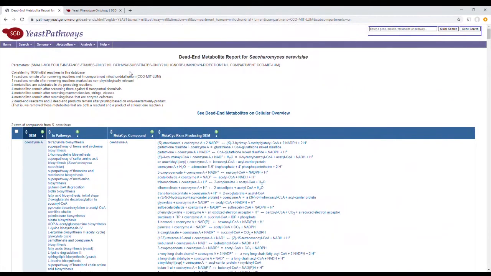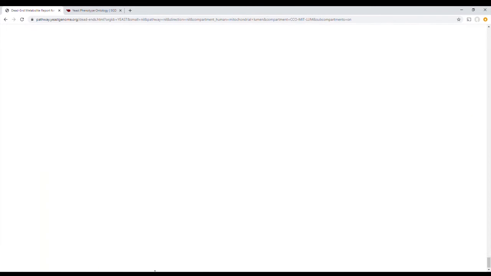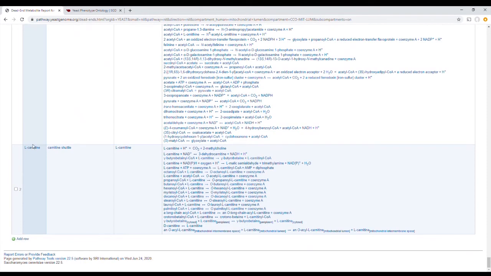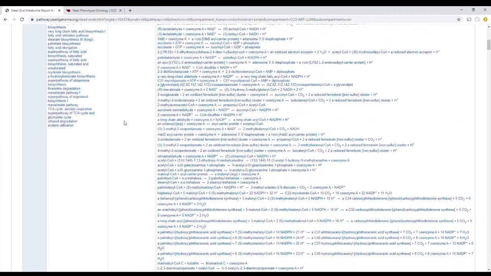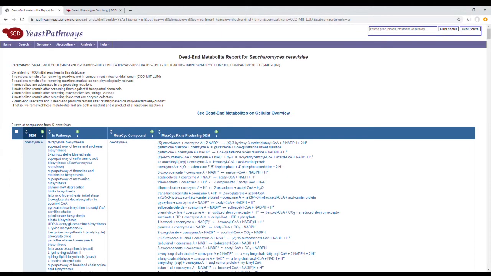If you've taken metabolism, you know that coenzyme A is involved in the transport of 2 of the 3 carbons from pyruvate into the mitochondria for subsequent oxidation, and carnitine is involved in the carnitine palmitoyltransferase system for fatty acid breakdown. But anyway, this shows us 2 potential dead-end metabolites.